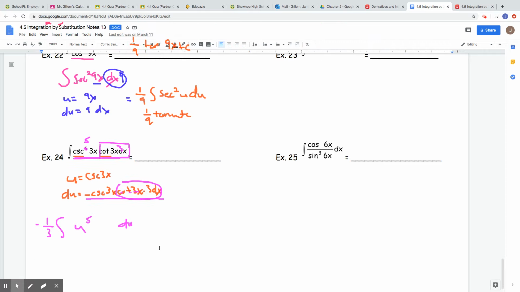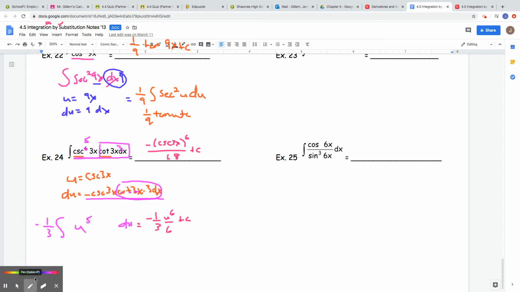So now, once I have that, I just integrate negative 1/3 u to the 6th over 6 plus c. And then I get negative cosecant 3x to the 6th power over 18 plus c. And there's your answer.